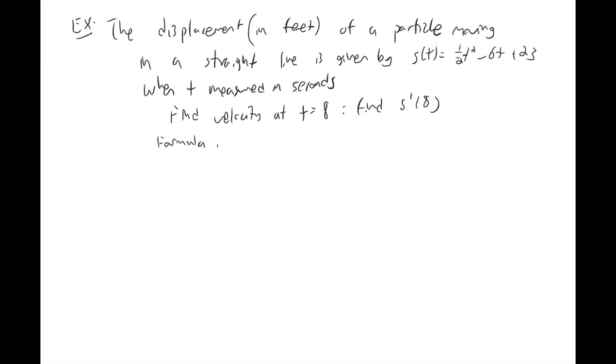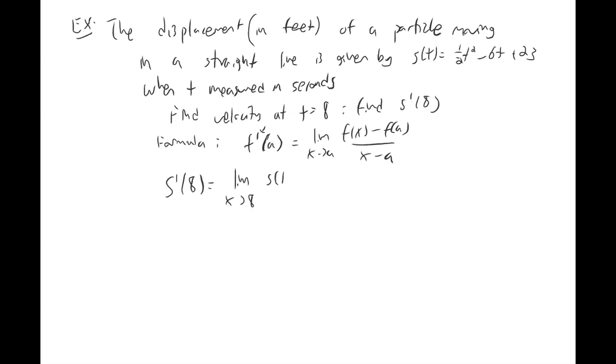Remember, f prime at a is the limit as x goes to a of f of x minus f of a over x minus a. So s prime at 8 is the limit as t goes to 8, since our variable is t, of s of t minus s of 8 over t minus 8.